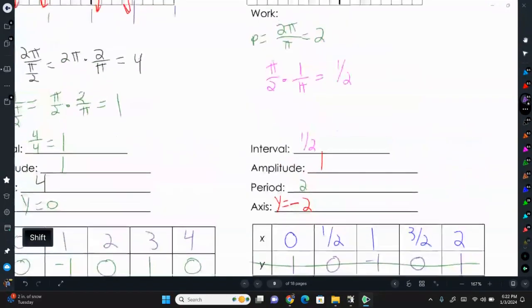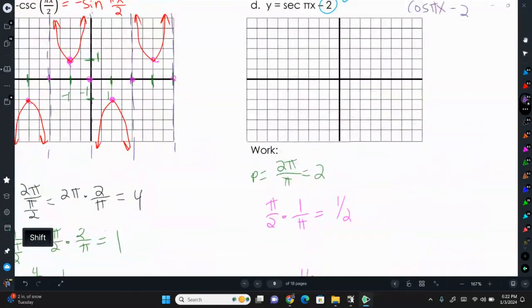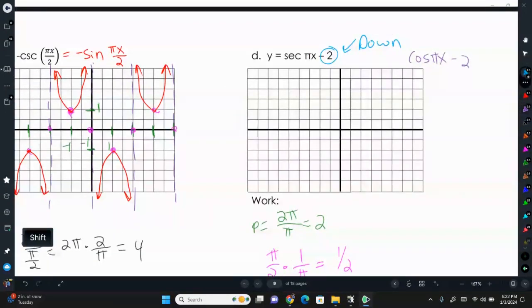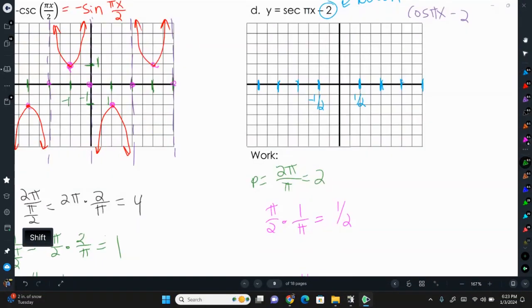So now I'm going to plot these points, 0, -1. Well, first, let's do our scale, our grid lines. So we're going to go up by 1/2. So every 2 marks is 1/2. For the y values, I'm actually just going to go with what's written here, 1 and -1, because we are shifted down 2 units, and things might get a little bit off the grid if I go by anything else.